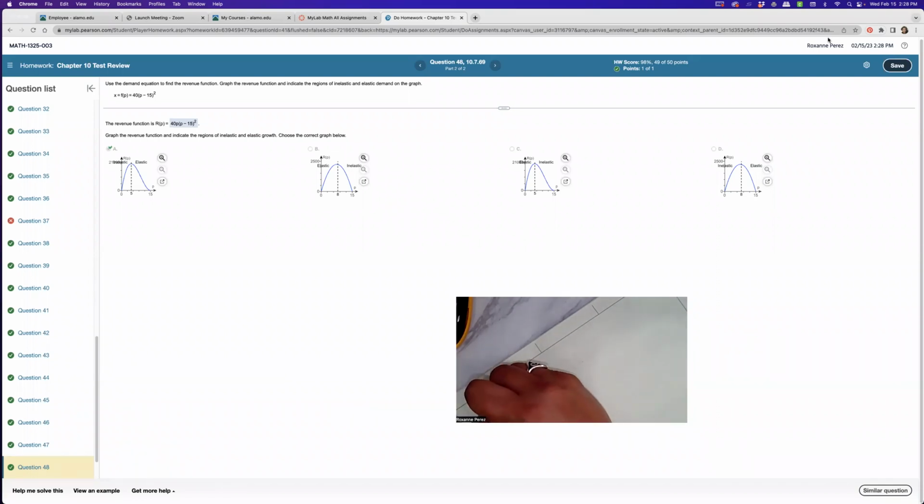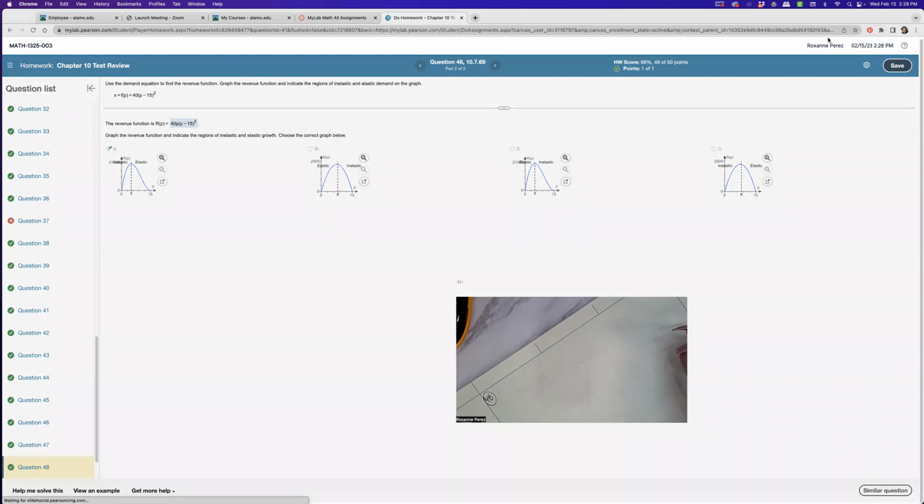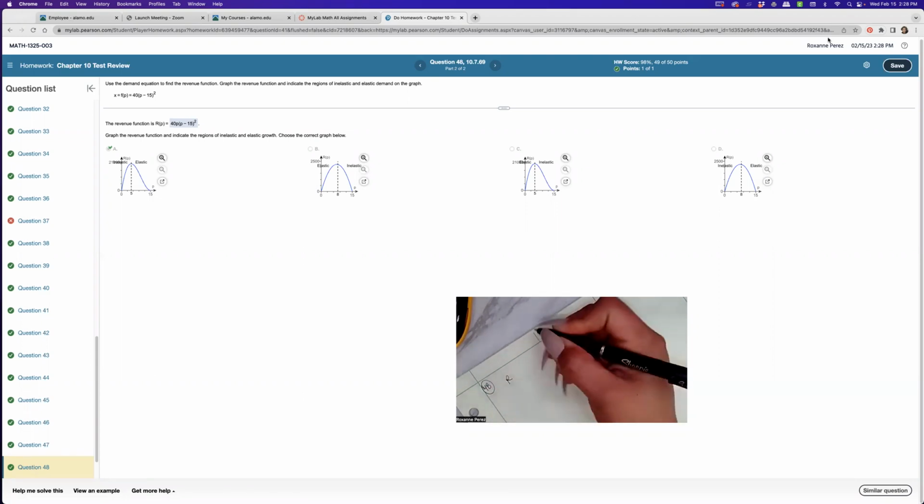Okay, so 48, we are using the demand equation to find the revenue function, then graph the revenue function and indicate the regions of inelastic and elastic demand on the graph. Okay, so we are going to first calculate our revenue function.